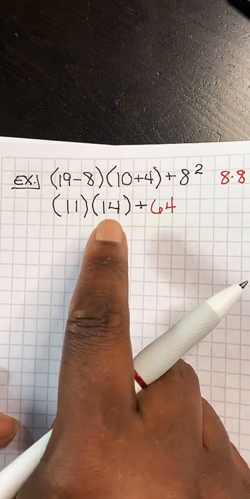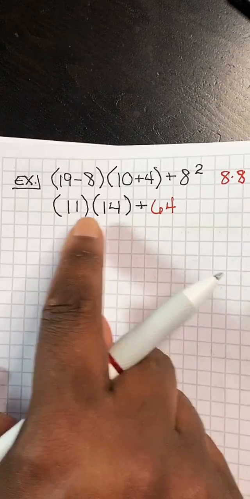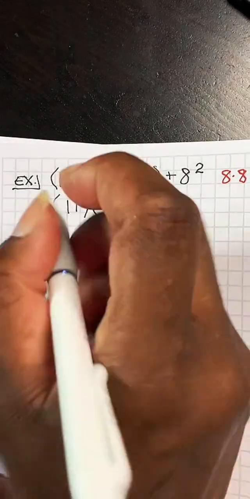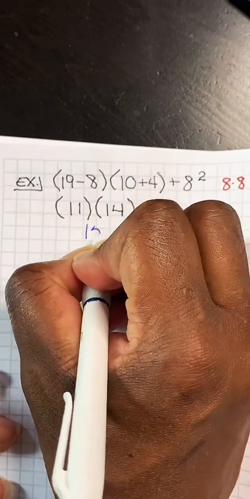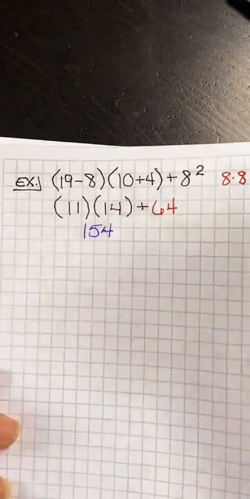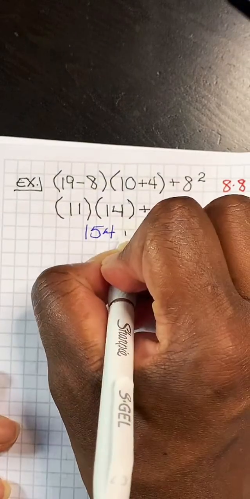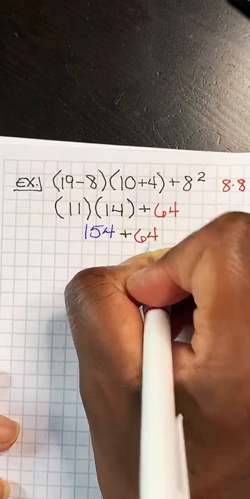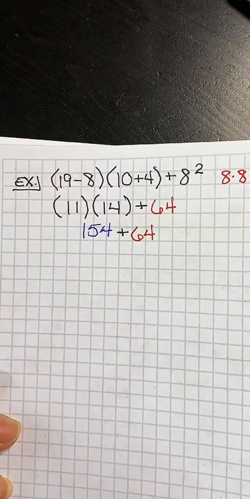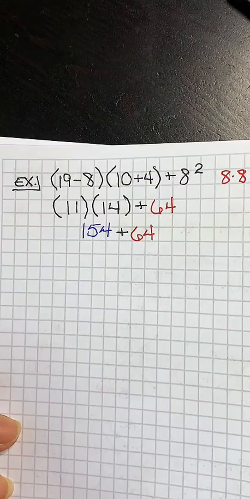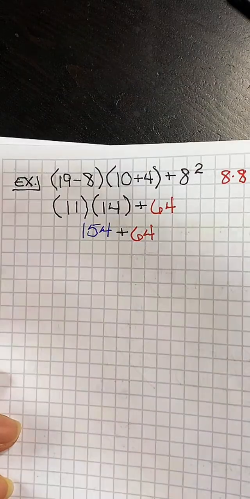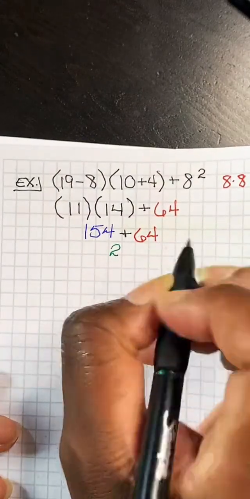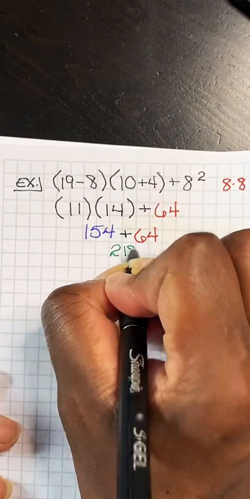So we have this multiplication. 11 times that 14, switching my pens, we have our 154. Bringing down our plus 64. Okay, so we have our 154 plus that 64. That gives us our magical 218.